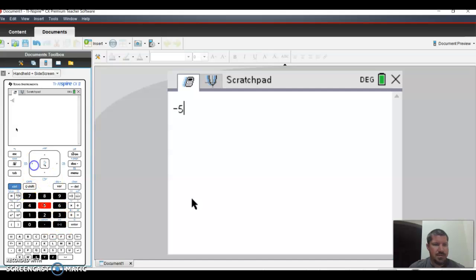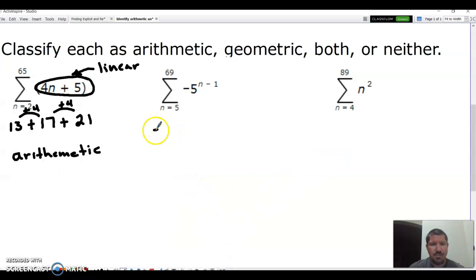Oops, hold on, take that back. Negative 5 to the 5 minus, not divided by, minus 1 is positive 625, which is what it should be. So this is going to be positive 625.